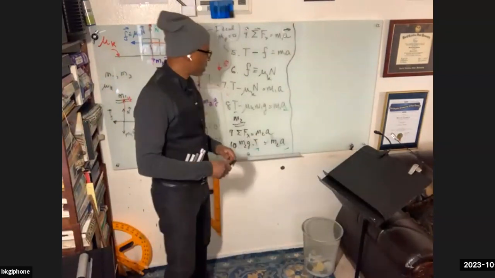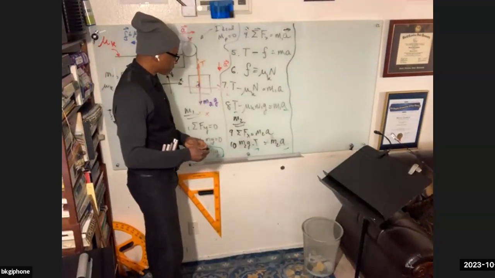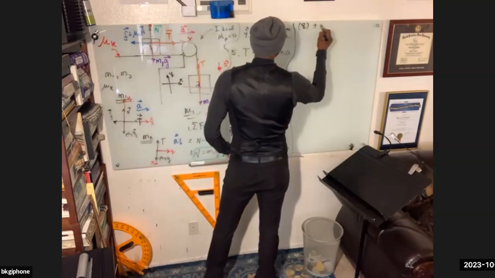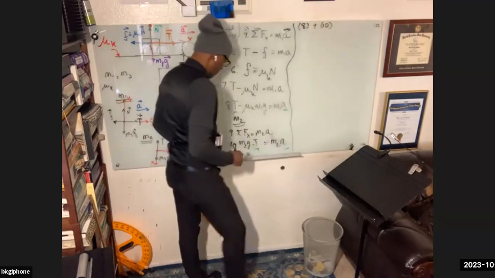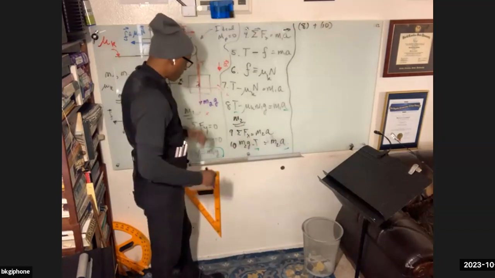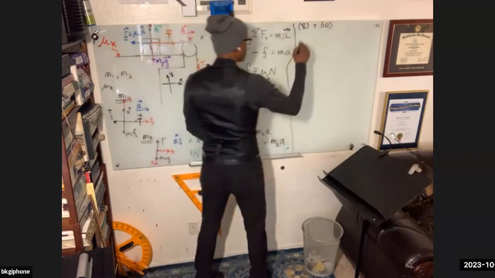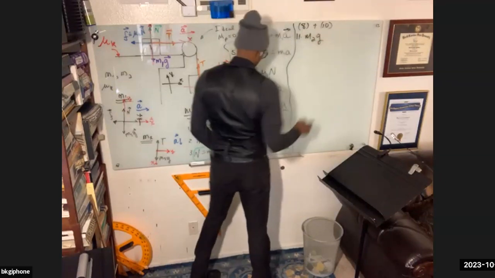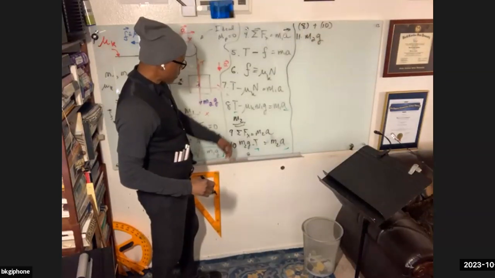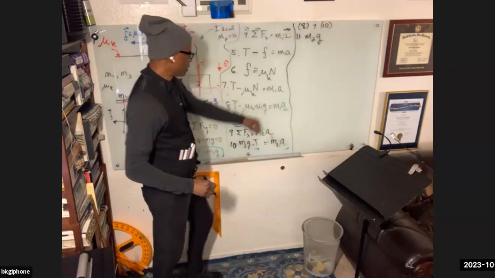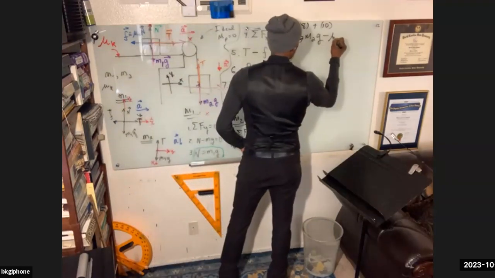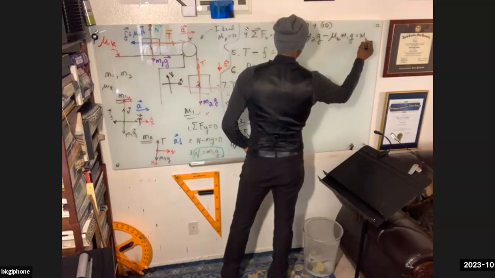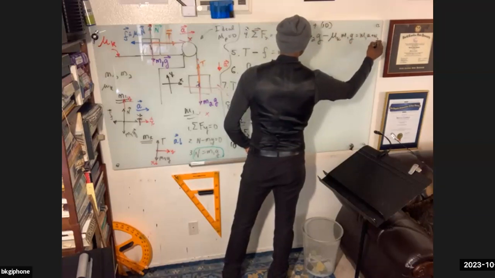Oh, let's go ahead and knock this out. So I'm going to add the two equations, 10 plus 8. Tension will cancel out. I'm going to have M2G minus mu K M1G equals M1A plus M2A.